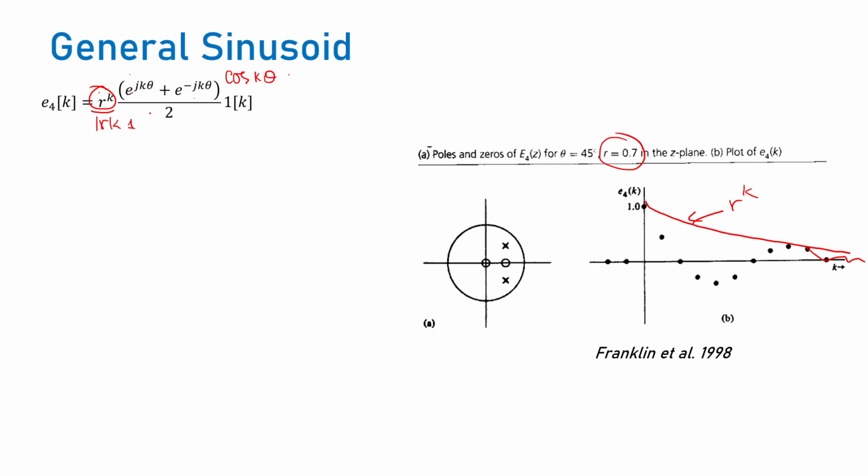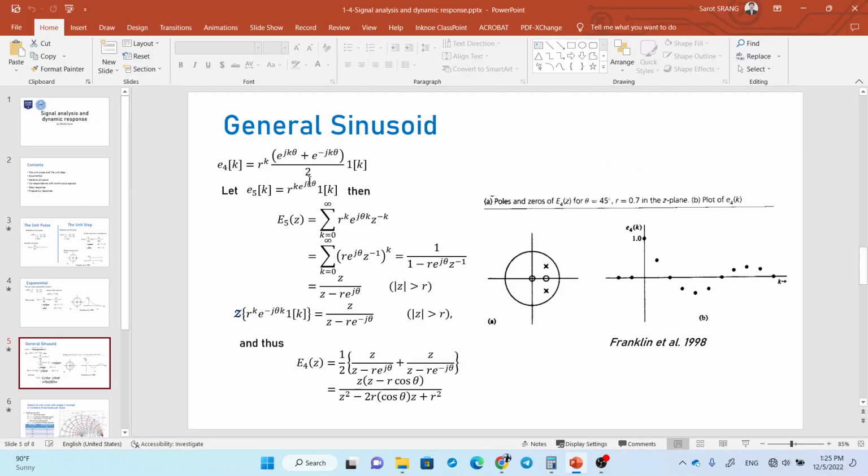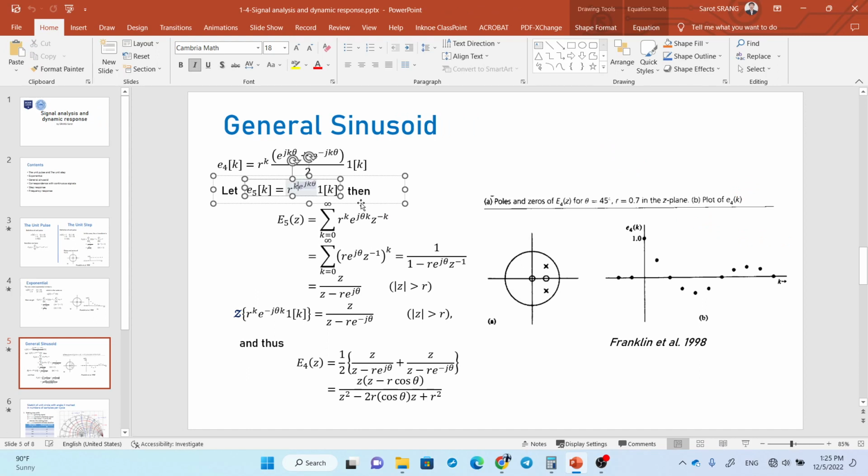Now let's see the location of the poles by taking the Z transform of this function. Now let's just take the Z transform of this term only, just r to the k and e to the j k theta, and the theta should fall down here, not at the exponent, right? I think it's better to change it now, not to make it confused.